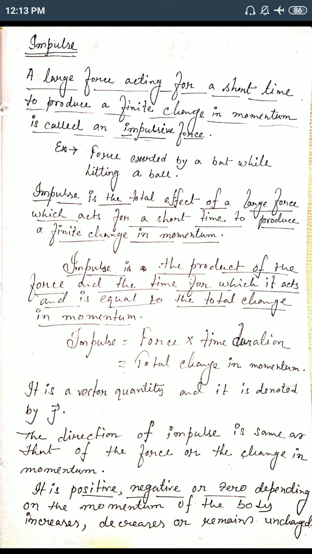Its direction is the same as that of the applied force. It will be positive when its momentum increases, if a large force is applied and the momentum increases finitely. If the momentum decreases when we apply a large force for a very short time, then it will be negative. And it is zero if there is no change, if the momentum remains unchanged. I hope it is clear.